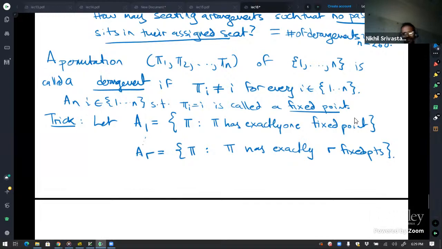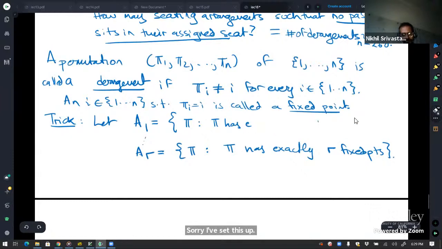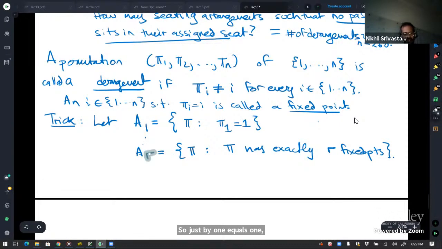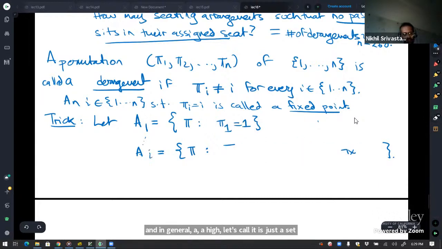Sorry, I set this up wrong. This is not easy to count. So I'm going to say let A1 be the set of pi so that 1 is a fixed point of pi, so just pi 1 equals 1. And in general, A i is just the set of permutations such that i is a fixed point, all the way up to A n.